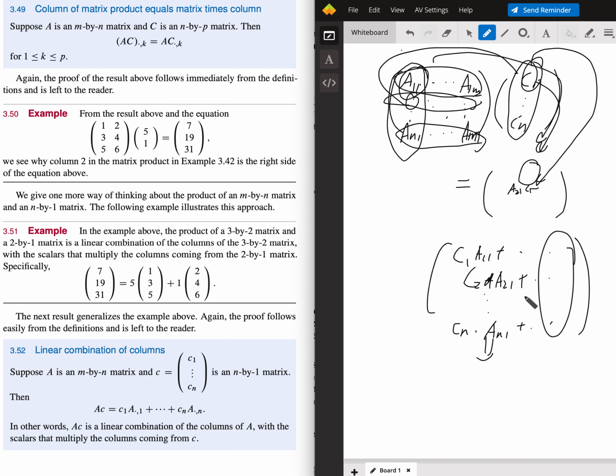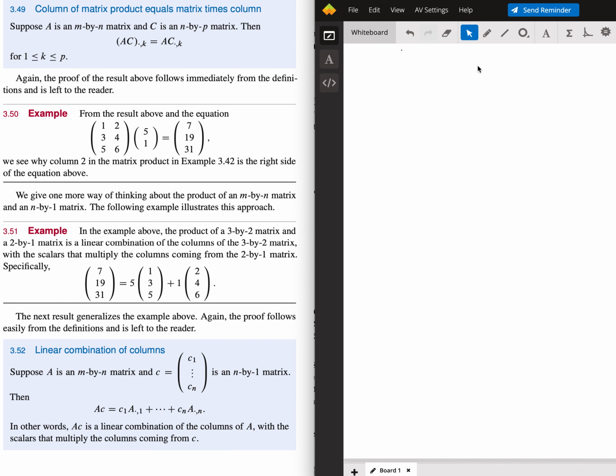And then assume the other stuff just lies there and you don't care about it. Then you know that this is c1 times a11 through an1, which is just the first column of A. And then you can think about c2 times the second column of A the same way.